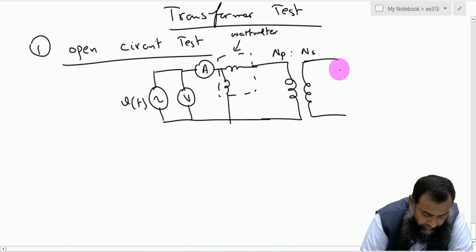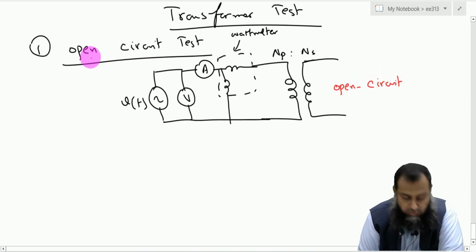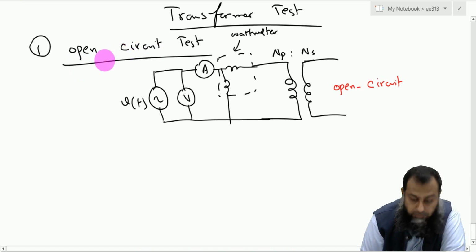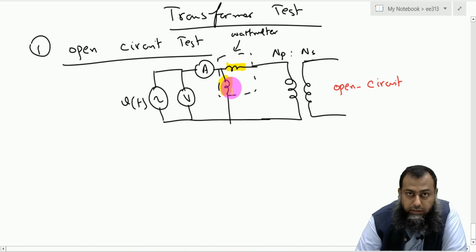This side is left open circuit, and hence this test is known as an open circuit test. This series branch of this wattmeter is used to measure the current, while this shunt branch is used to measure the voltage.